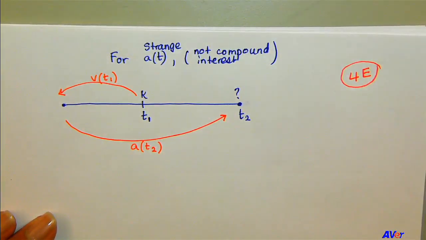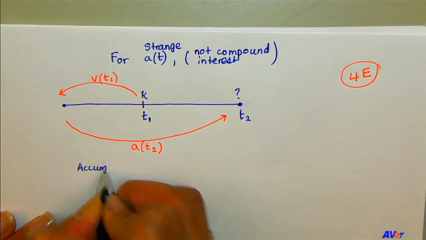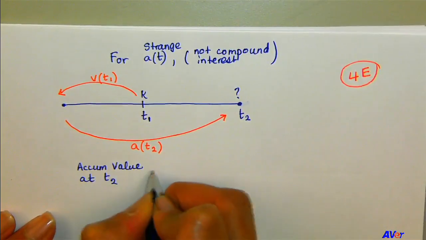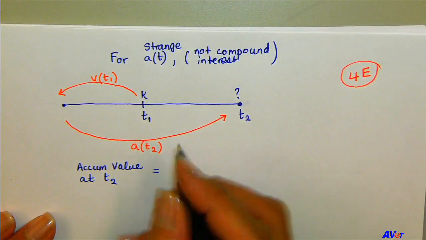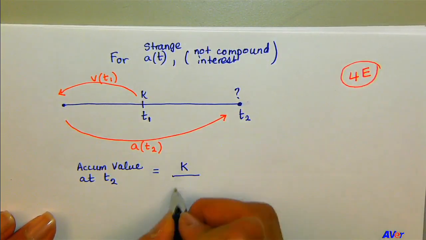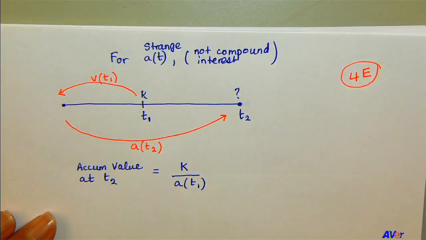Now I have to put this mess in terms of delta, because that's what they're going to give me. So how about I go like this? Accumulated value at t2 is equal to k divided by a of t1, because v of t1 is 1 over a of t1, right?